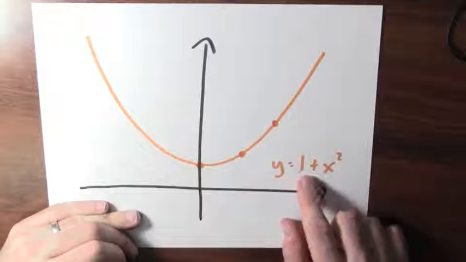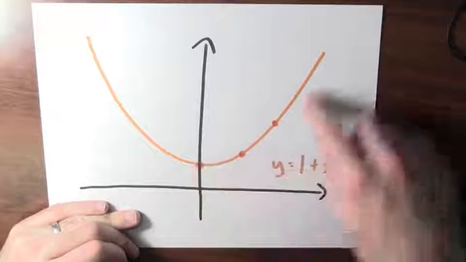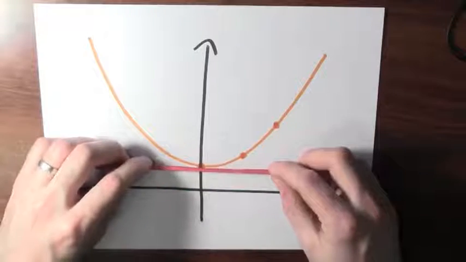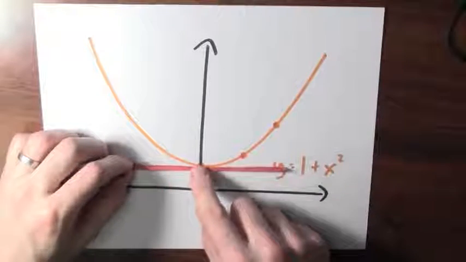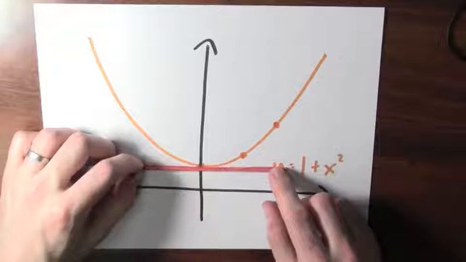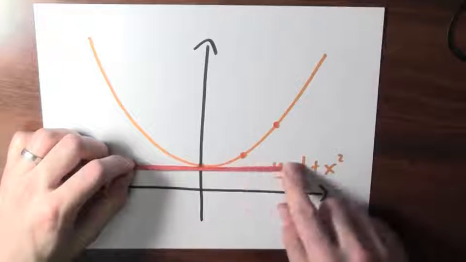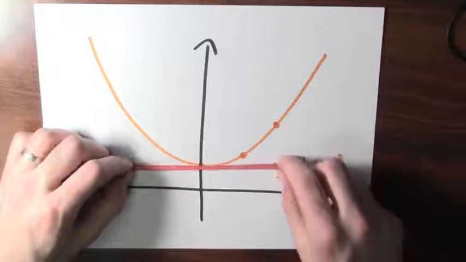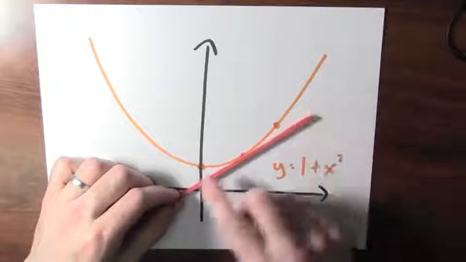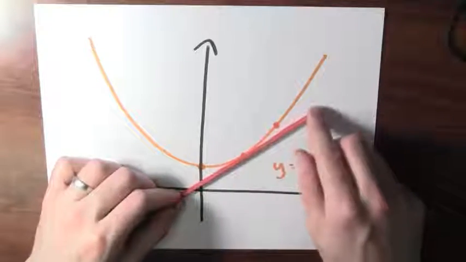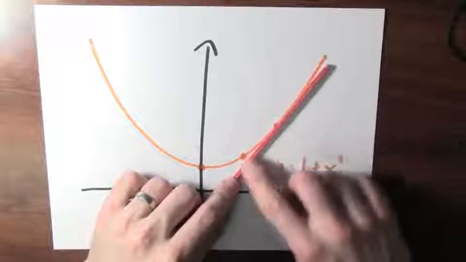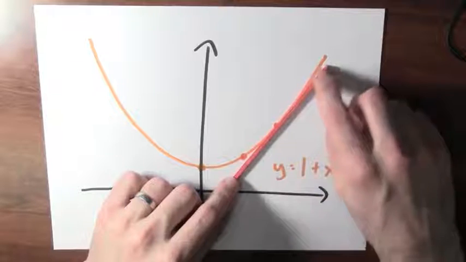Here's a function, y equals 1 plus x squared, and I've drawn its graph, and I've selected 3 points on the graph. Let's look at a tangent line through those 3 points. So here's the tangent line through this bottom point, the point 0, 1, and the tangent line to the graph at that point is horizontal, right? The derivative is 0 there. If I move over here, the tangent line has positive slope, and if I move over to this third point and draw the tangent line now, the derivative there is even larger.